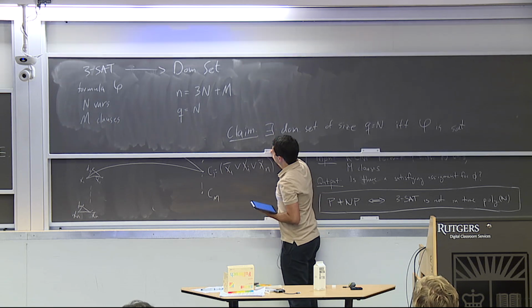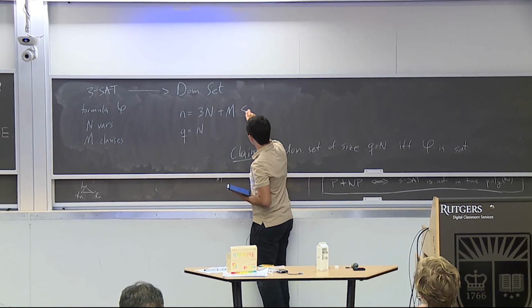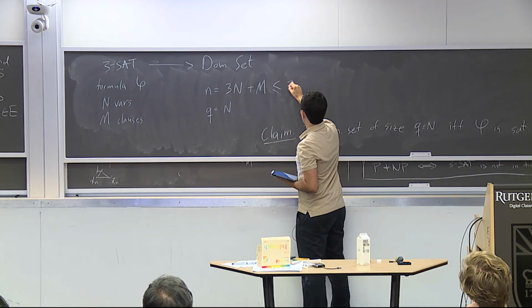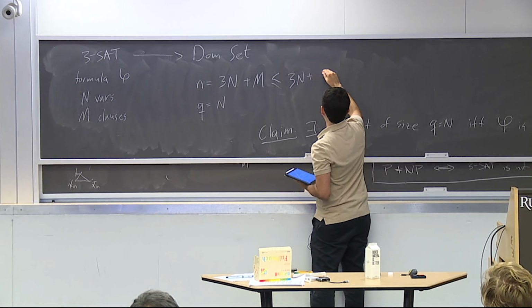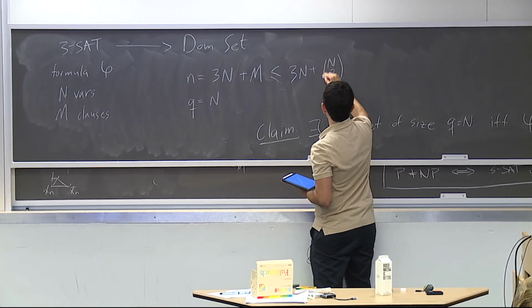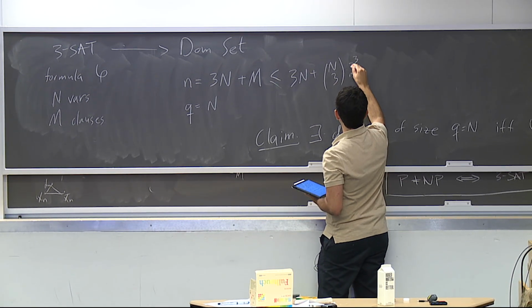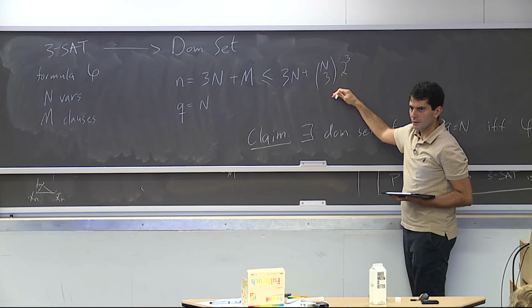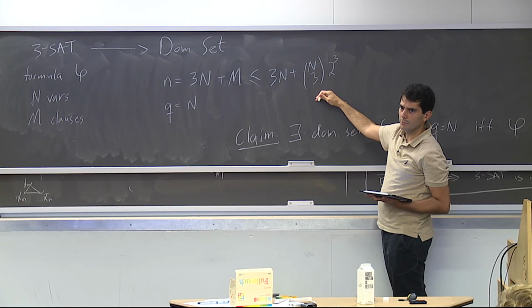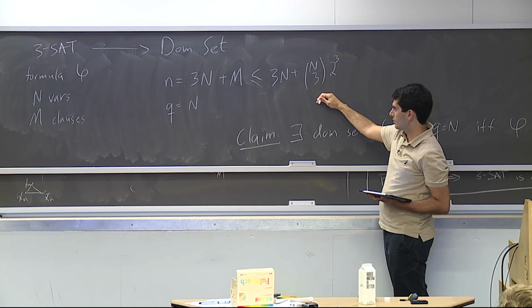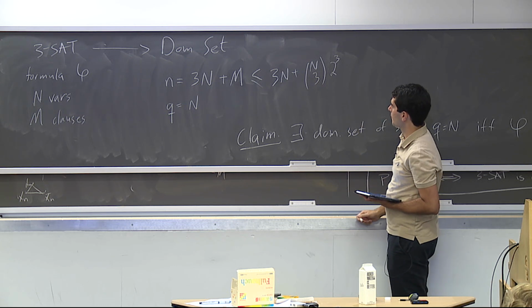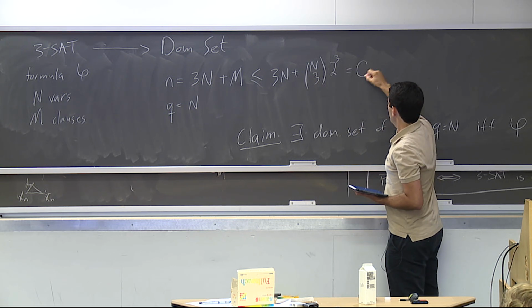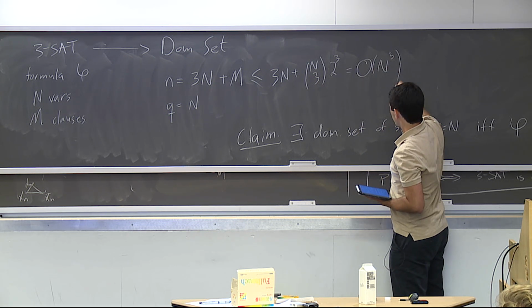So it's at most, this is the maximum number of clauses you can make from 3 variables. It's O of n cubed.